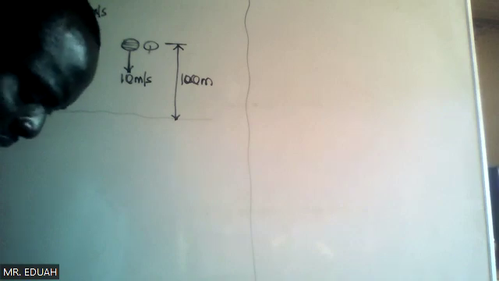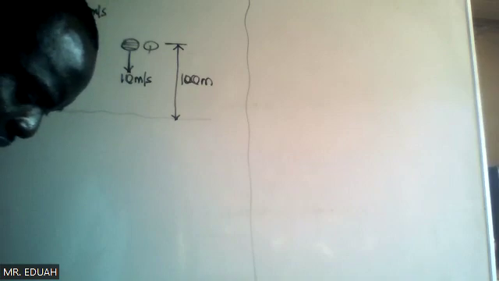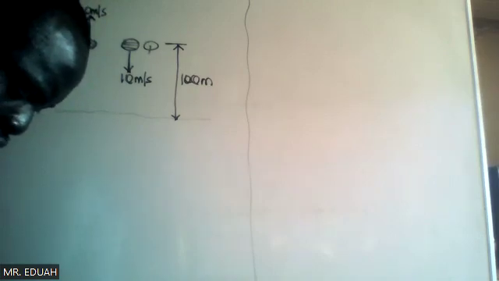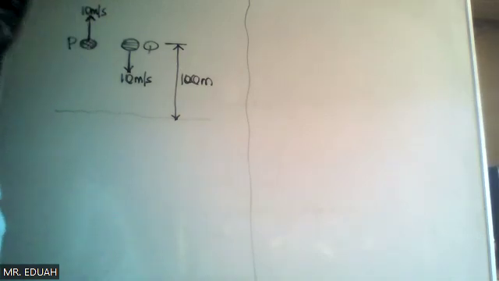Calculate the time interval between the arrival of P and Q on the ground if gravity is given as 9.8 meters per second squared. So that's the question.